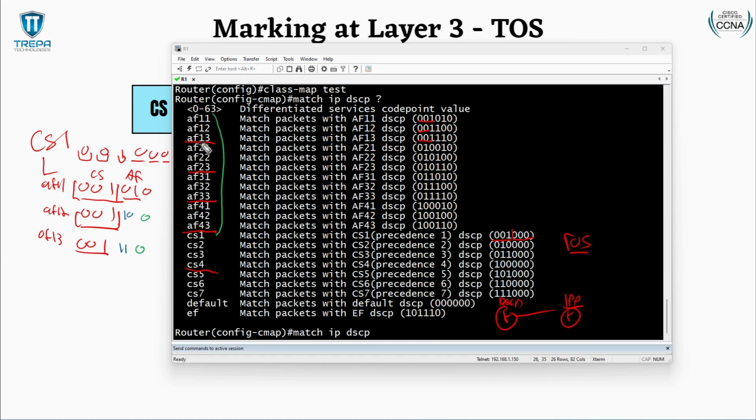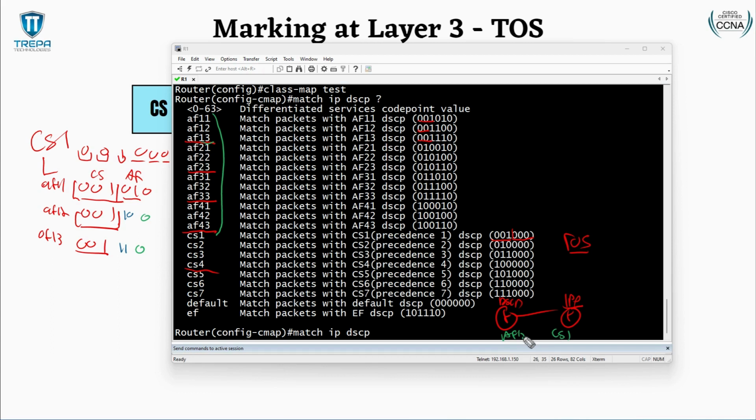So if it gets an AF13 bit, it's going to think that is just a CS1 bit or CS1 traffic, even though we gave it AF12. Okay? So yeah, that may mess up our complete topology, but for the most part, there's that backwards compatibility between DSCP and IP precedence. But there's not that, I guess, forward compatibility where class selector bits, those first 3 are only those first 3 and that's it.